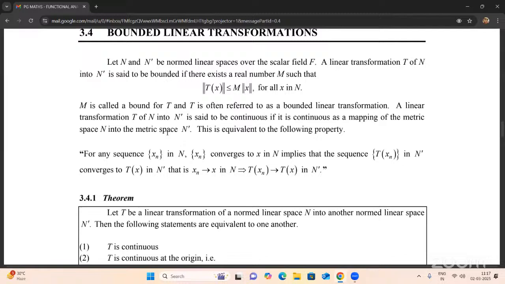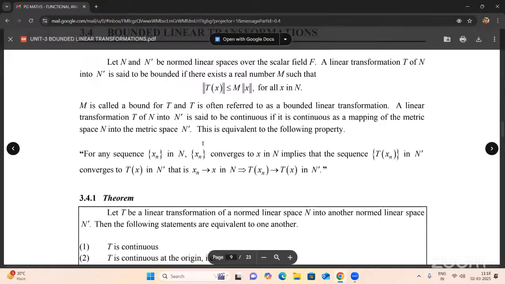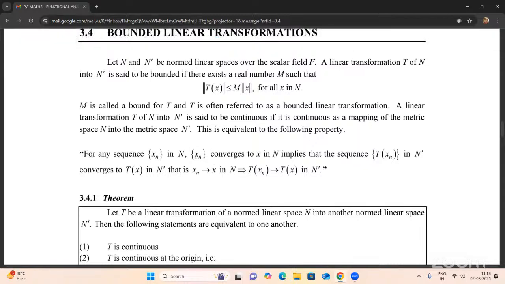Then the condition is mod Xn minus X is less than epsilon, where mod Xn minus X is the distance between Xn and X. That can be written as d of Xn, X. So the sequence Xn converges to X in N. At the same time, the sequence also converges in the image, the codomain: T of Xn is the image sequence in N dash.